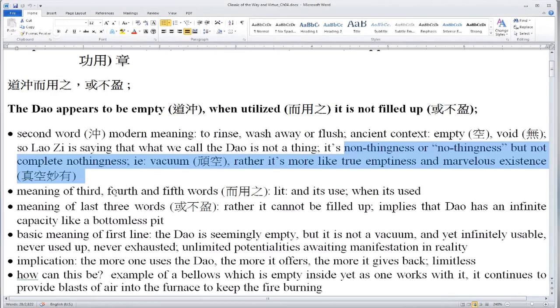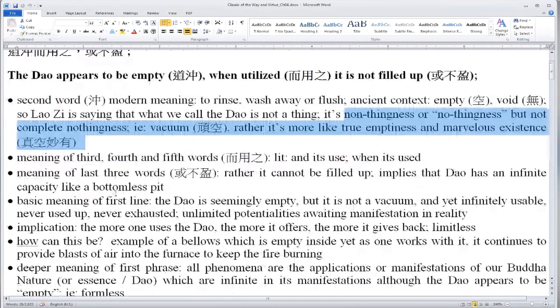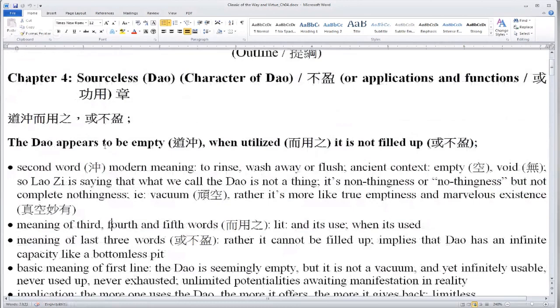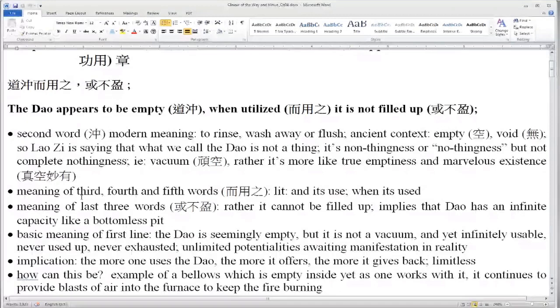All right, and this will go into detail in chapter 5. We'll talk about it a little bit more in chapter 5. I don't want to go into too much detail because we don't have time. But even though it appears to be empty, it can be used. It's usable.